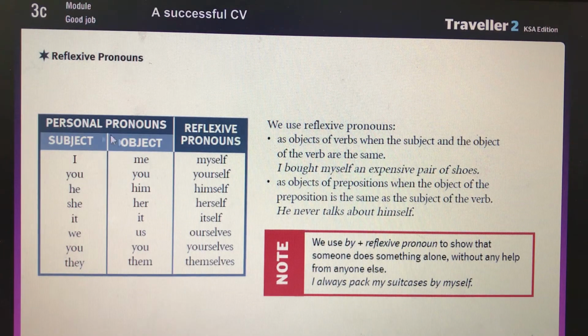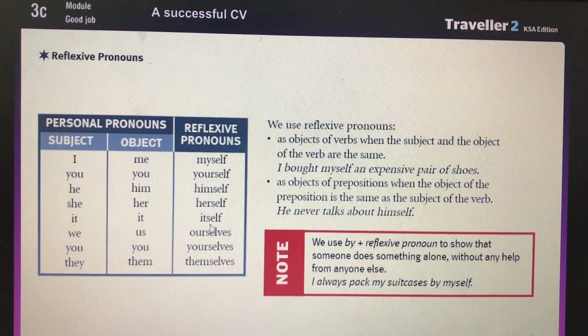Reflexive pronouns. Here the table talks about personal pronouns, subject and object, and reflexive pronouns. I, me, myself. You, yourself, here you is one person. He, him, himself. She, her, herself.